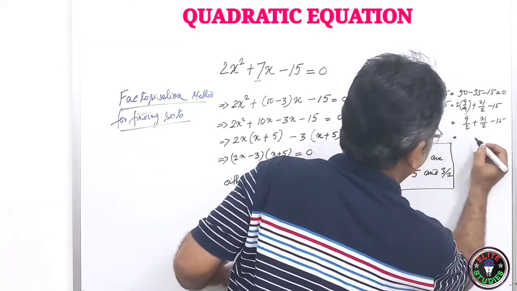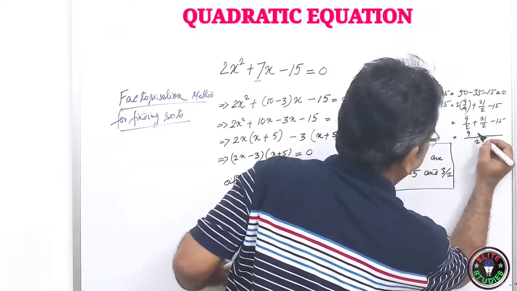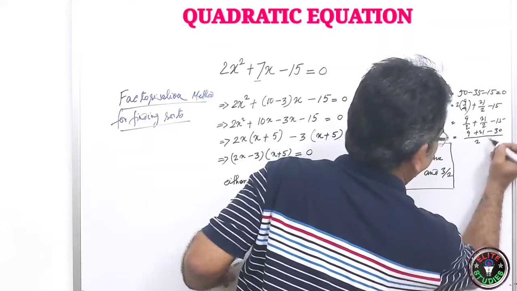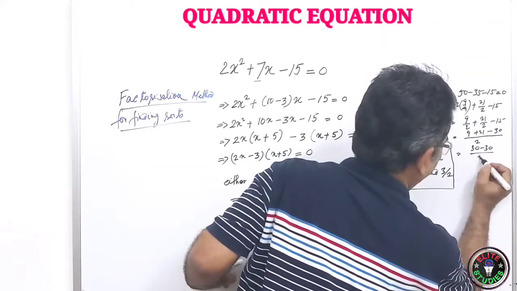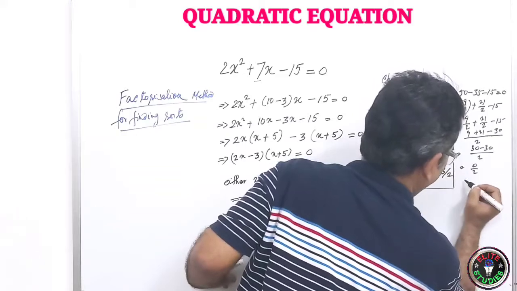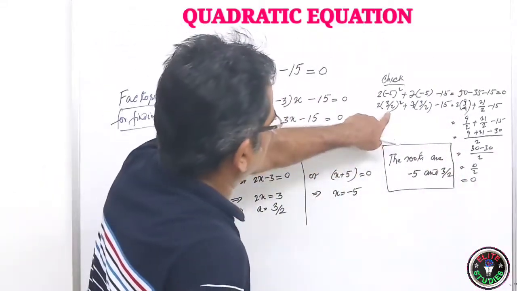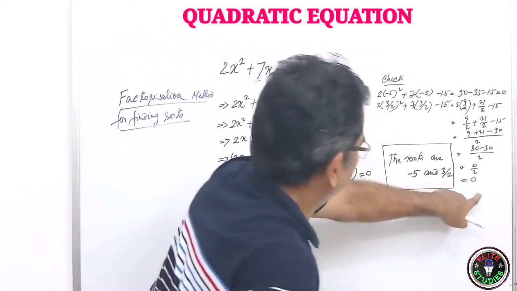LCM is 2, so it will be 9 plus 21 minus 30 by 2, which is 30 minus 30 by 2, equal to 0 by 2, equal to 0. You got it. Yes, for x is equal to 3 by 2, the LHS is becoming equal to RHS.